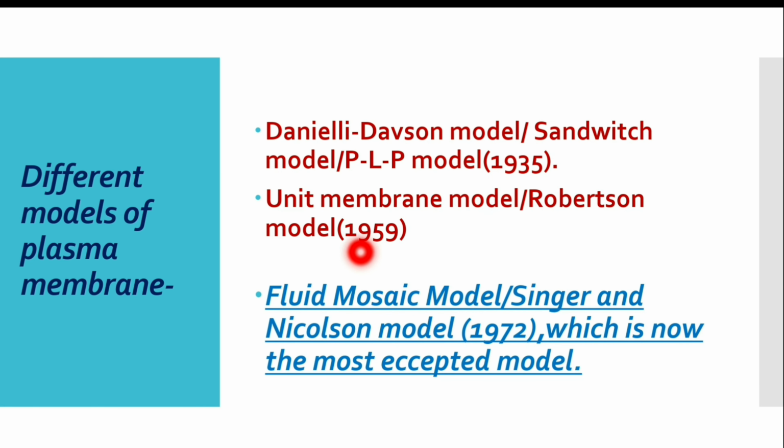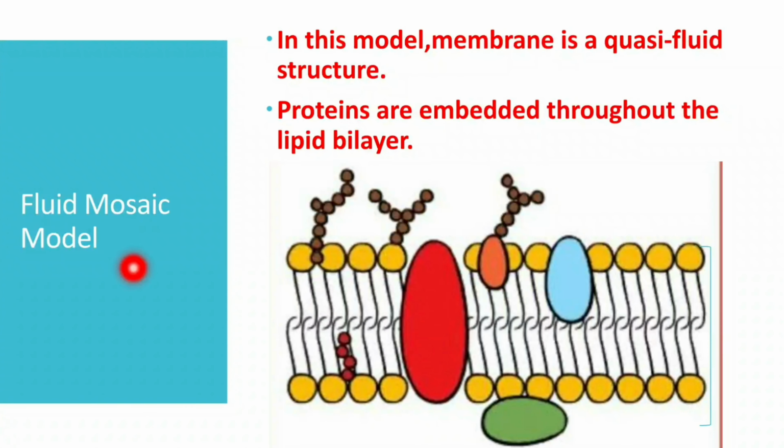In 1959, the unit membrane model or Robertson model was proposed, and the scientists Singer and Nicolson in 1972 proposed the fluid mosaic model, which is now the most accepted model.